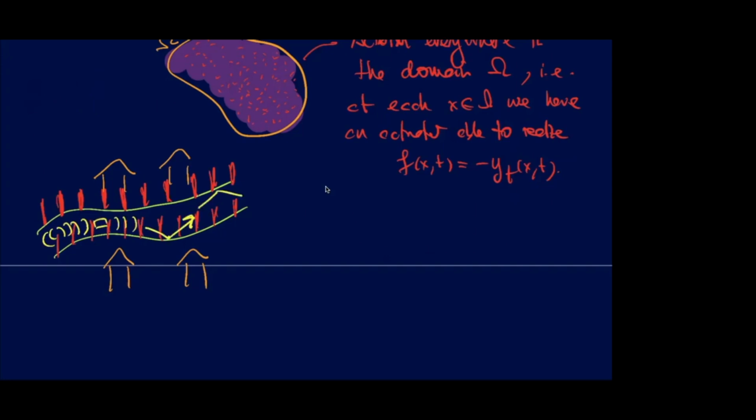So that's the idea. So this is a typical example where the damping is localized on the boundary of the domain, right? So this is a first observation.